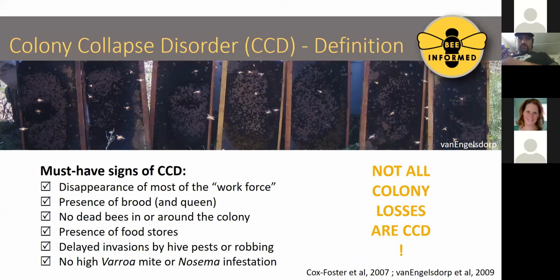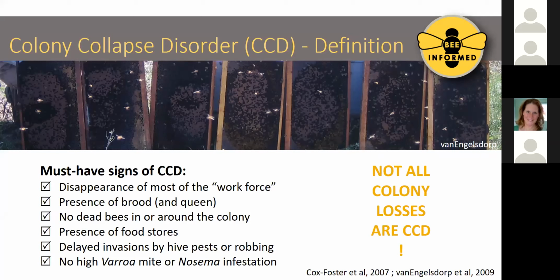The first one was the rapid loss of adult bees from the colony, as indicated by large areas of brood that remained unattended. You can see in the figure above, we basically had excess brood population relative to the adult bee population, which wasn't enough to cover all the brood. And this was really rapid. As I said, in a couple of weeks' time, you have this rapid loss of adult bees.